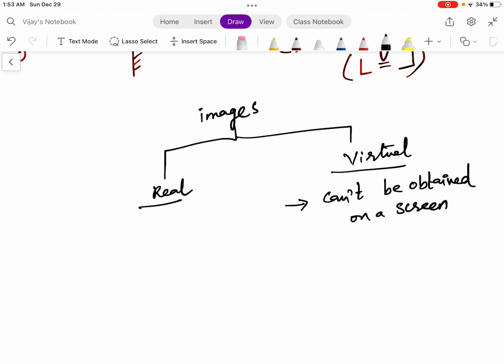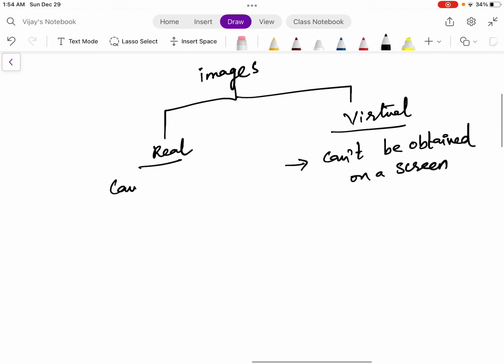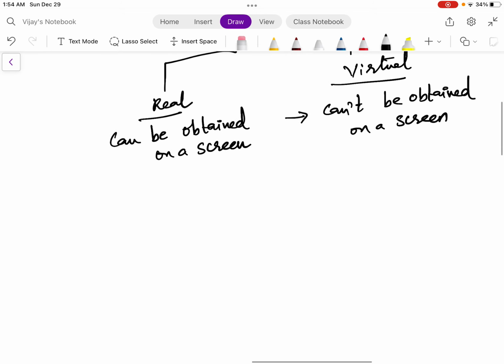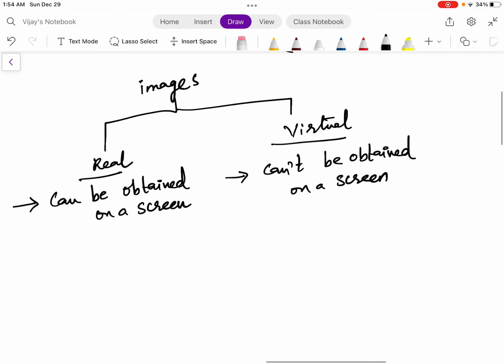Now what about real image? It can be obtained on a screen. That means you can see this image on a screen. This is the first important difference between real image and virtual image. The second important point about real image and virtual image is, see here, when light hits a particular mirror, the reflected rays will meet.